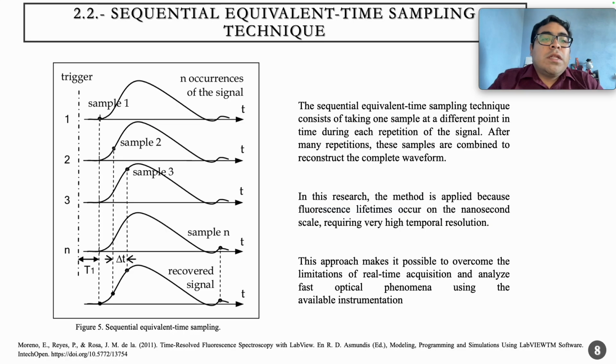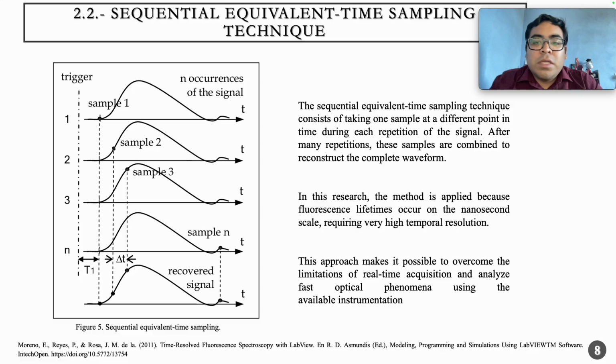Well, the sequential equivalent time sampling technique consists of taking one sample at a different point in time during each repetition of the signal. After many repetitions, these samples are combined to reconstruct the complete waveform. In the image, each laser pulse repetition is sampled at a slightly different delay in time.